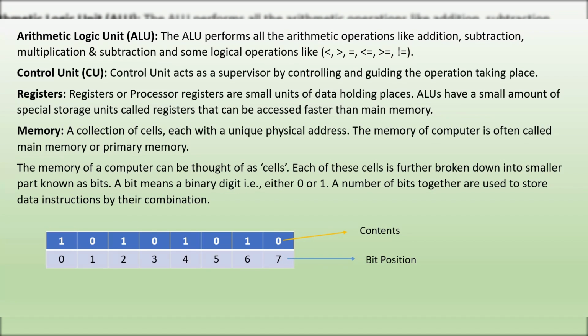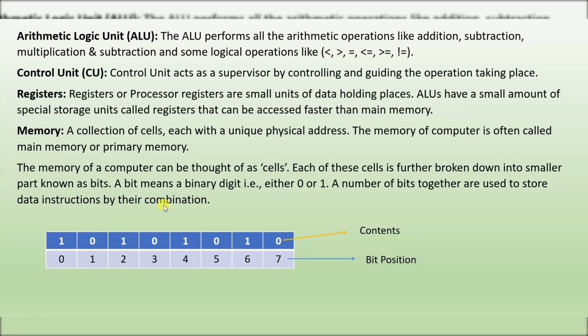Each of these cells is further broken down into smaller parts known as bits. A bit means a binary digit that is either 0 or 1. A number of bits together are used to store data and instructions by their combinations.